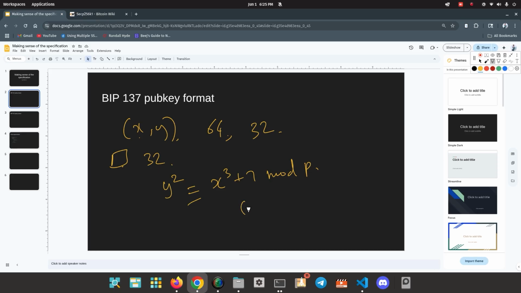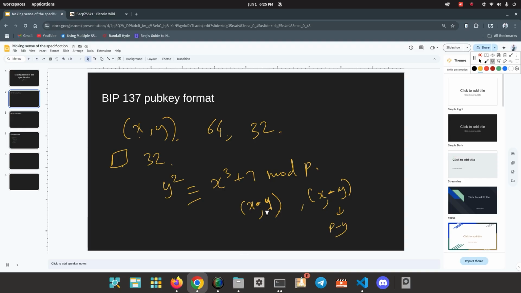If x comma y is a solution, x comma minus y will also be a solution. A negative y is nothing but p minus y. So for any pair x comma y, x comma minus y will also be a solution to this elliptic curve.